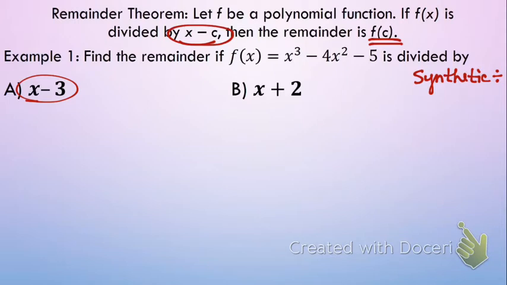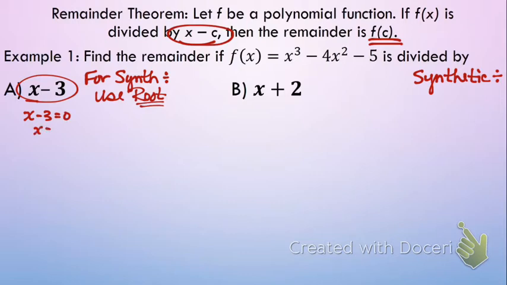If I'm using synthetic division, I want the root. So, 3, because x minus 3 equals 0, x equals 3. This is what I'm going to use for the synthetic division.